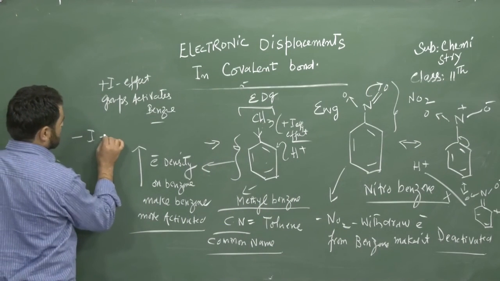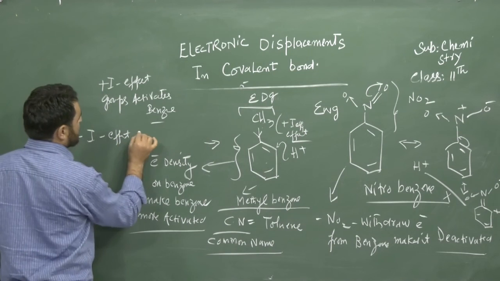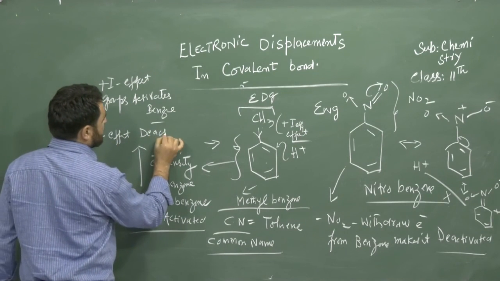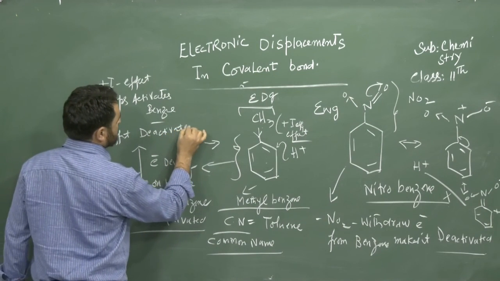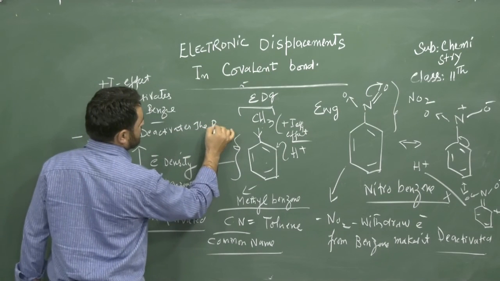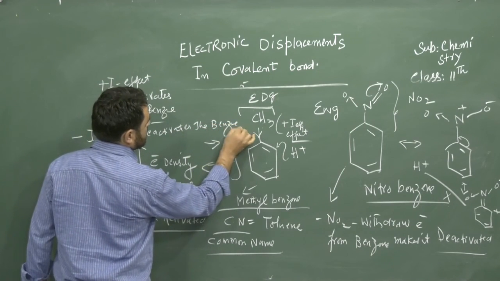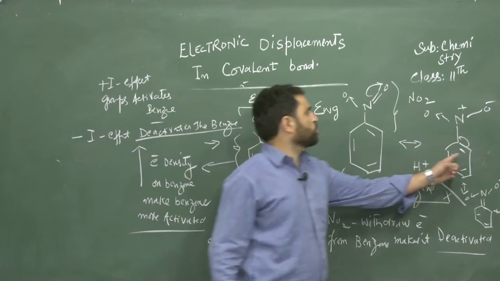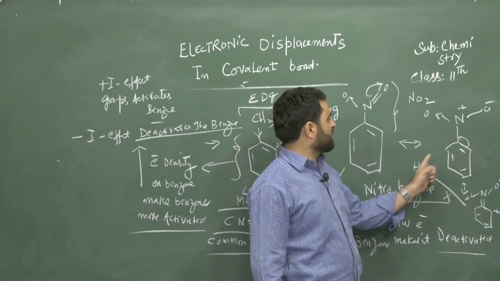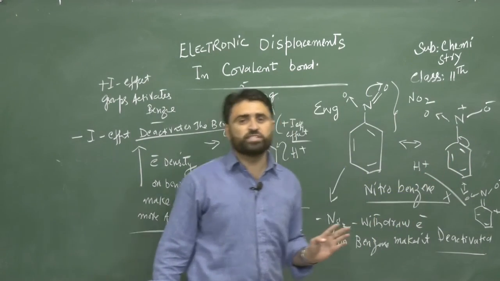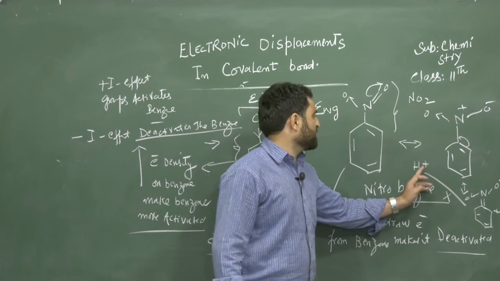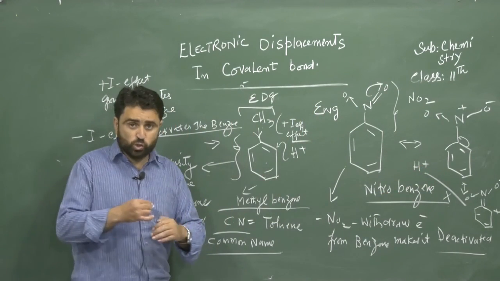Minus I effect deactivates the benzene. With NO2, H positive attack on benzene is not feasible, but when H positive attacks methyl benzene, it shows fast reaction.